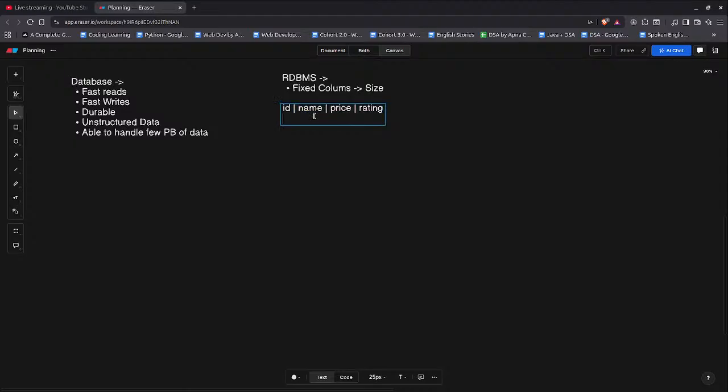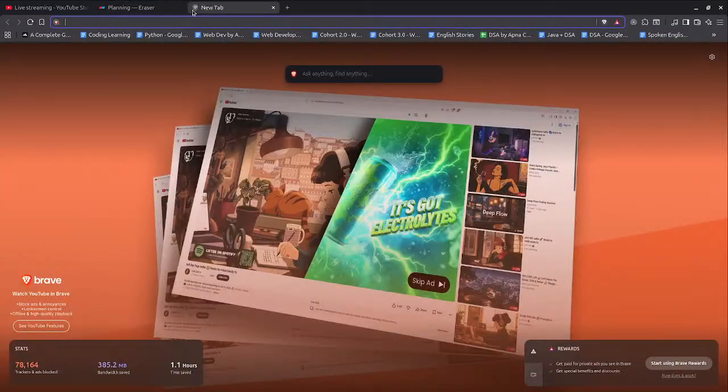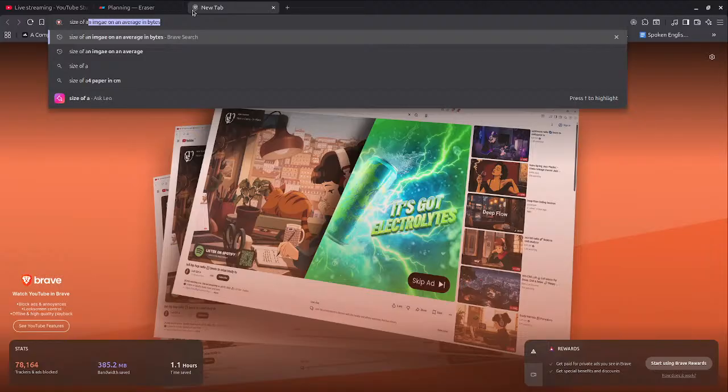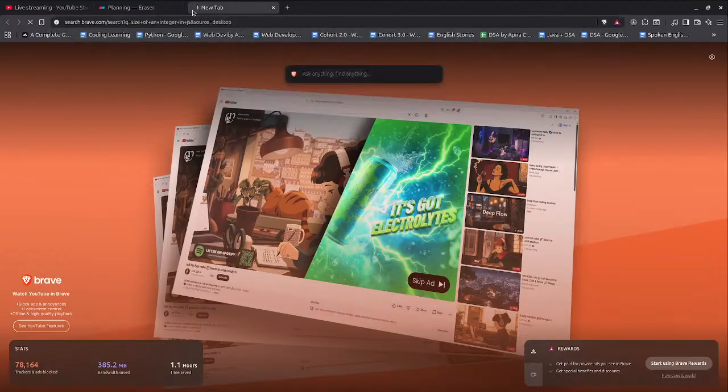If there is any number, usually what is the size of a number? Suppose one integer is of 1 byte. Size of an integer in JS.